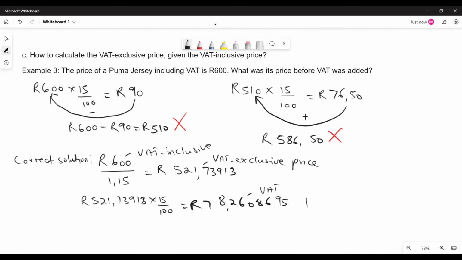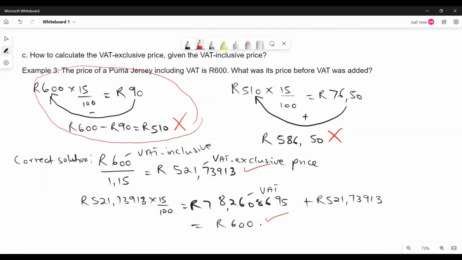So when I take this VAT and add it with the VAT exclusive price of 521,73913, I get a total of 600 rands. So now this workout is correct. But this one above here is not the way to go about calculating the VAT exclusive price. It is the wrong method, but most of the time people are tempted to use this approach.